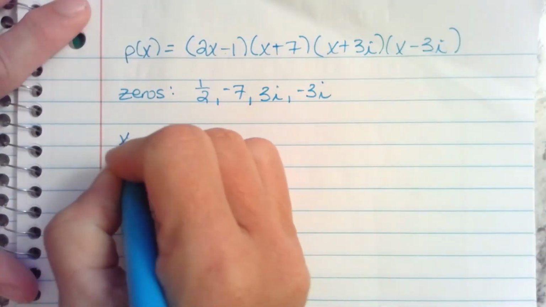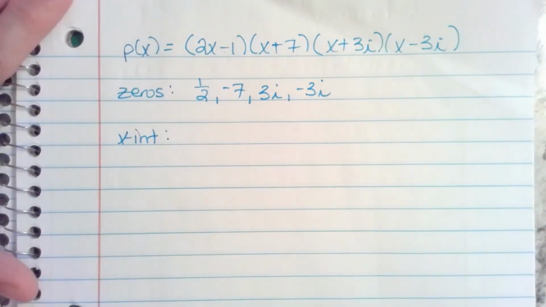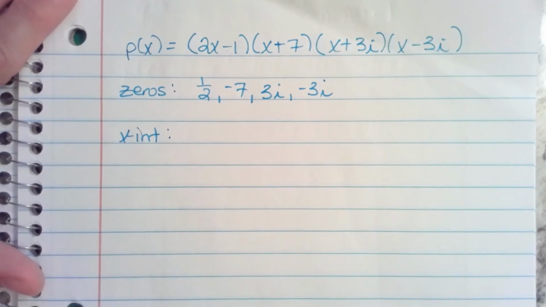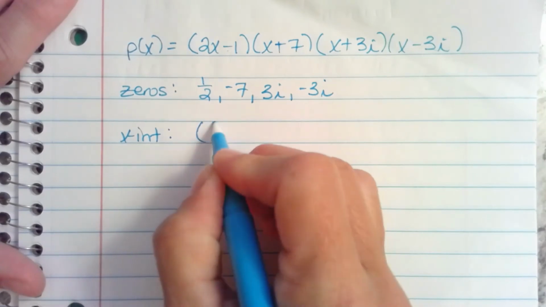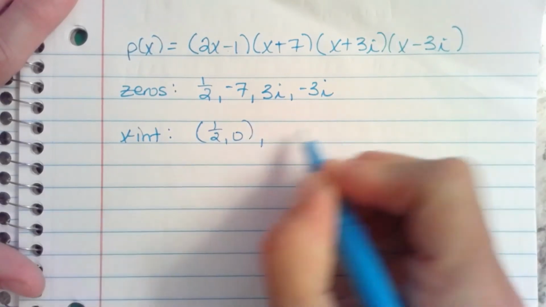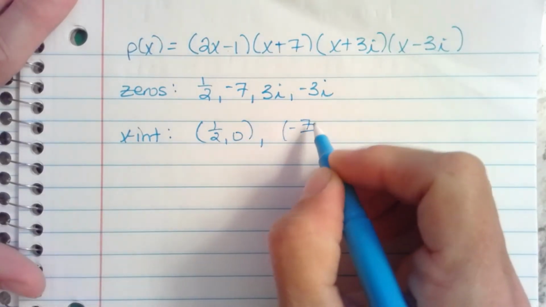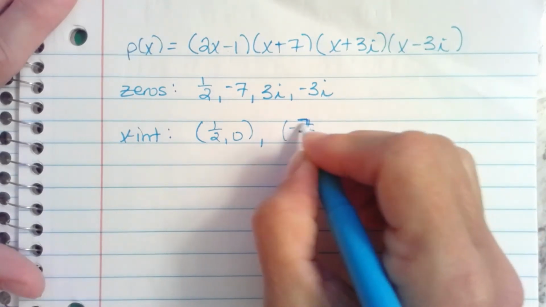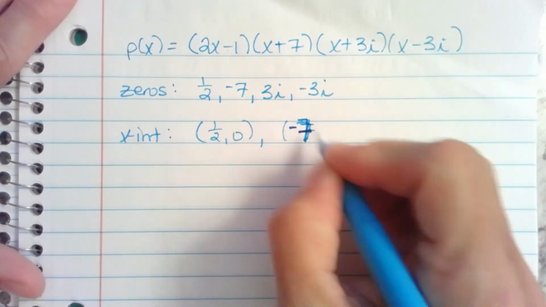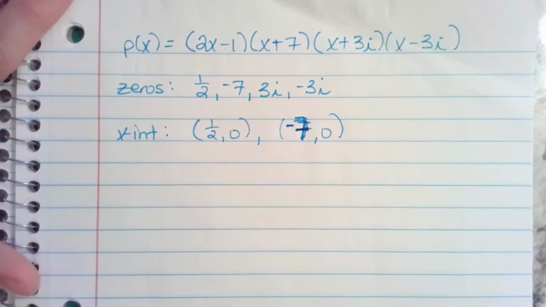If you are asked to find the x-intercepts, those only happen at the real zeros, right? So you would have an x-intercept at 1/2, 0 and at -7, 0. Oops, that's supposed to be a 7 right there. Sorry about that.